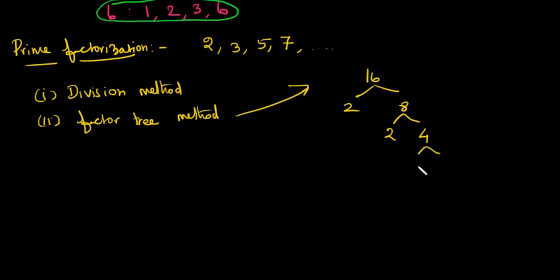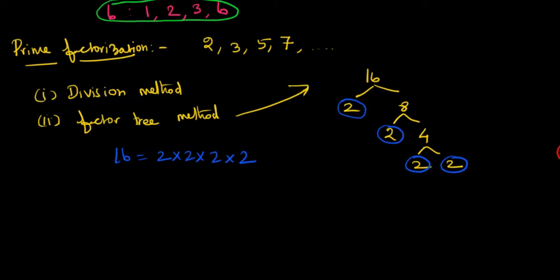Yes, we can write 2 into 2. So these are the final numbers in this branch. So 16 can be written as 2 into 2 into 2 into 2.